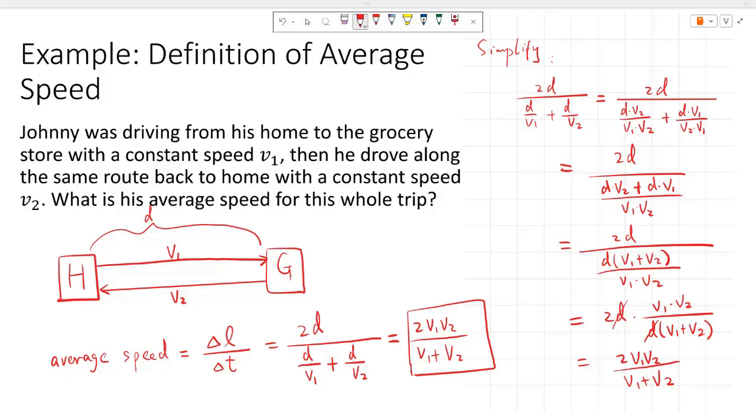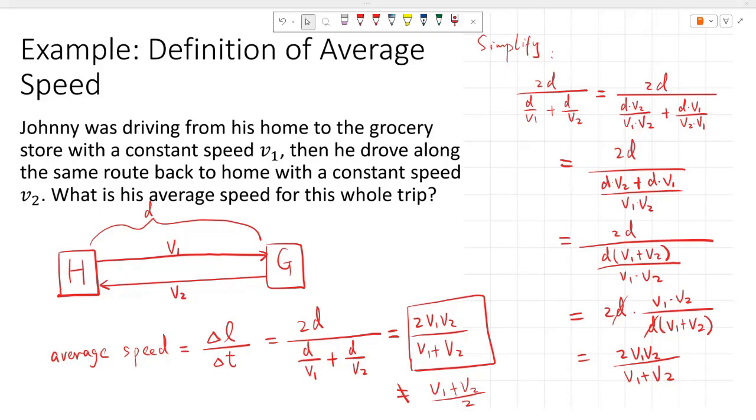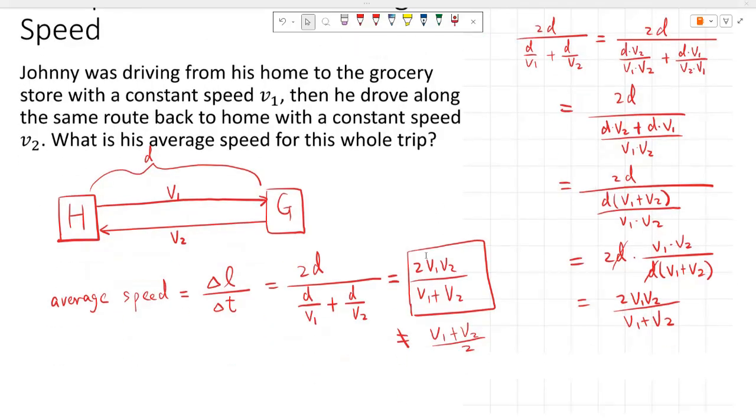Most people would say it had better be v1 plus v2 over 2, right? No, that's not the case. Now, how do I make sense of it? Here's something we can do to help us understand our result a bit better. Let's just try some numbers.